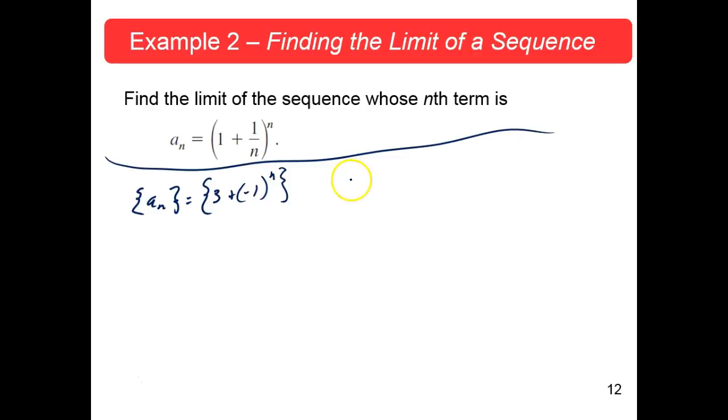And what was it? 2, 4, 2, 4, 2, 4, 2, 4, and so on. Does that limit exist? No. The sequence diverges. Even though it's not blowing up or anything, it's still diverging. Okay. How about this one?